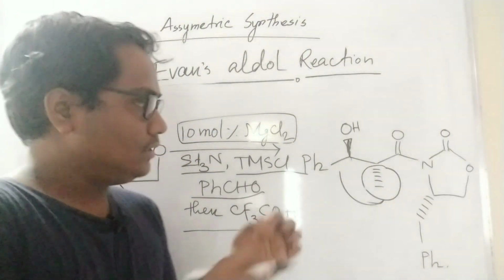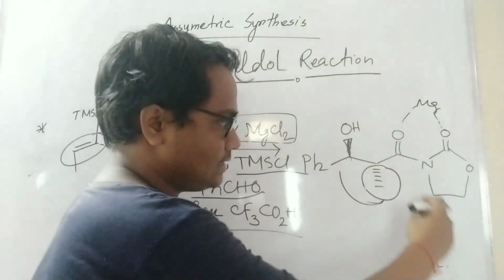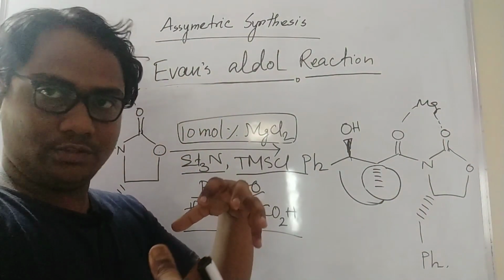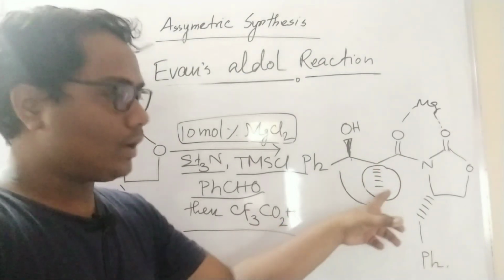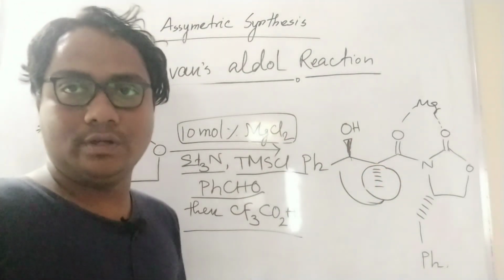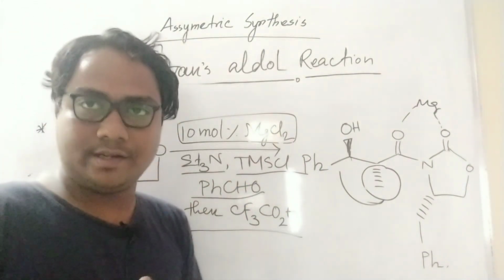If you write this magnesium salt this way and arrange the chiral auxiliary this way, overall it will be down only. So that is the main difference between the previous reaction and this reaction.